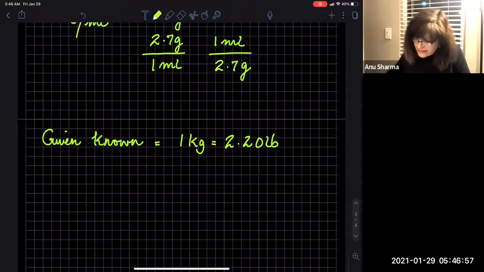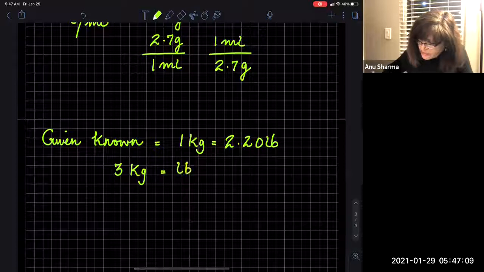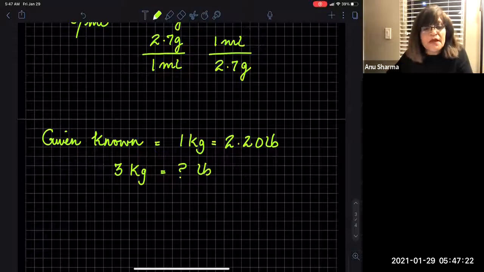So the question is asking, if you have 3 kilograms, how many pounds is that? You can do some mental math and this is easy, but let's say the question is asking you to do this problem using the conversion factors.